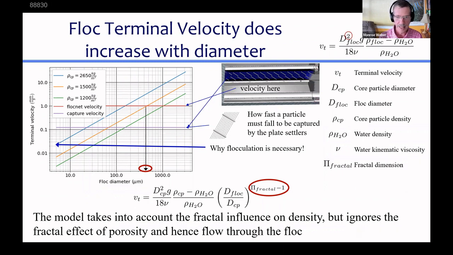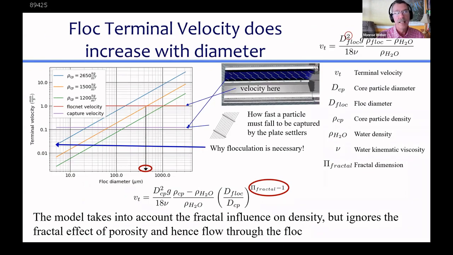Yeah, so this is just saying that a flock of 400 micrometers in diameter would be big enough to hang out in the bottom part of our sedimentation tank. And indeed, that's kind of what we see. So this model does make reasonable predictions about the size of flocks and how fast they will settle.